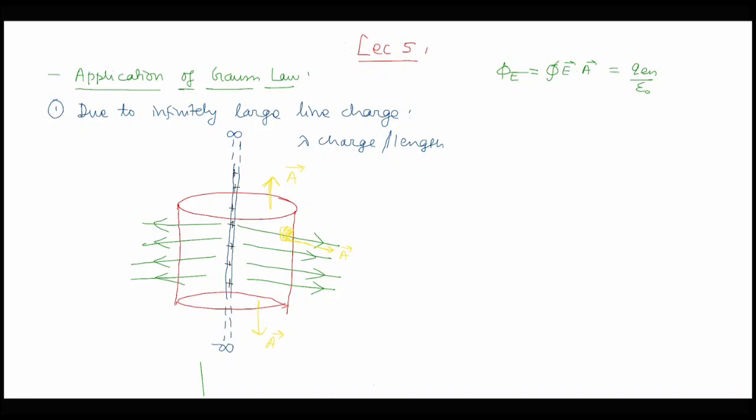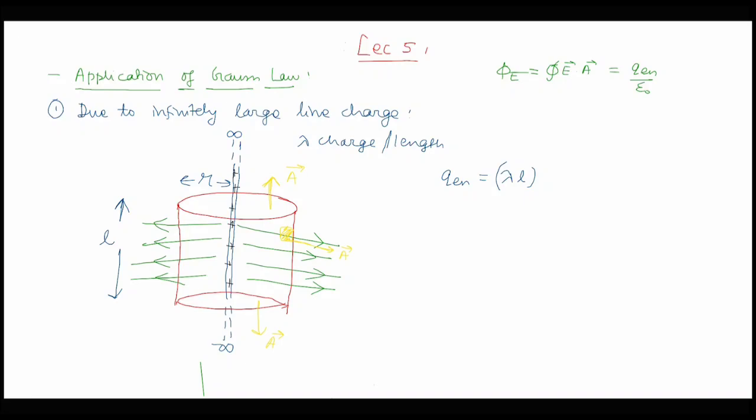We are considering that the length of this cylinder is L and the radius is R. The charge enclosed inside this system is lambda times L, because lambda is charge per unit length and the length of the cylinder is L.